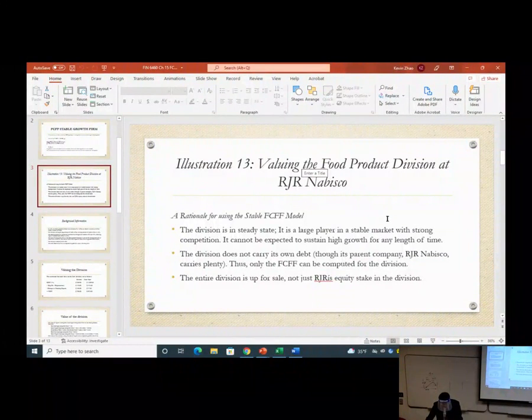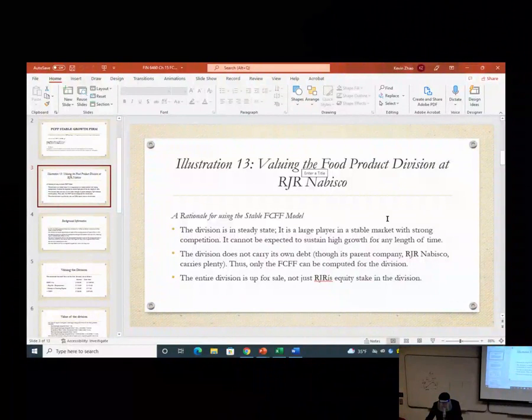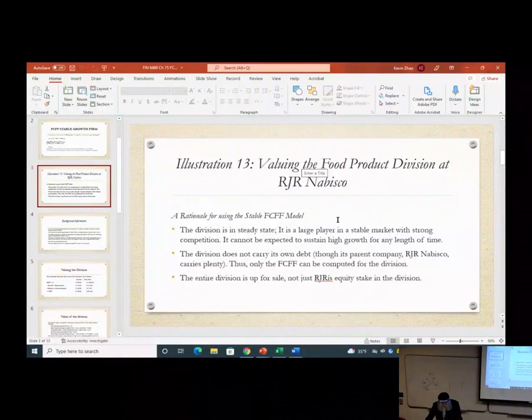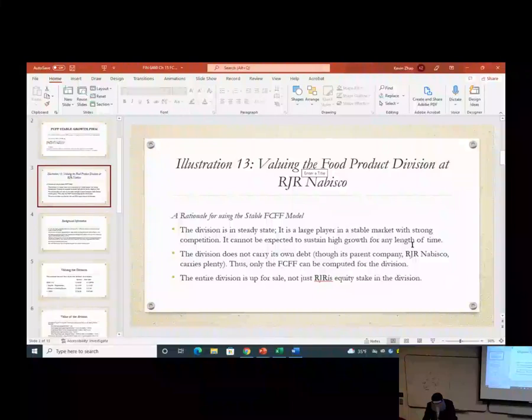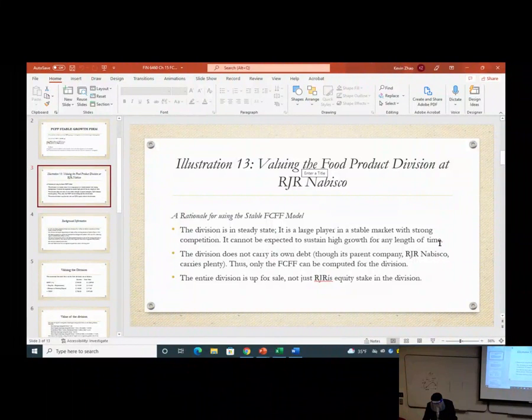The rationale for using the free cash flow to the firm model is that the division is in steady state. A large player in a stable market with strong competition cannot be expected to sustain high growth for any length of time. This is a constant growth model. The division does not carry its own debt, and the entire division is up for sale. That's why we need an evaluation.